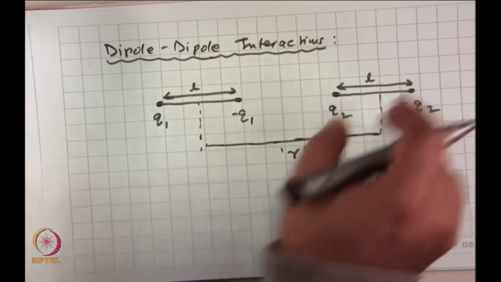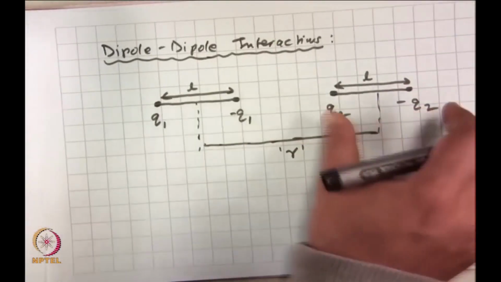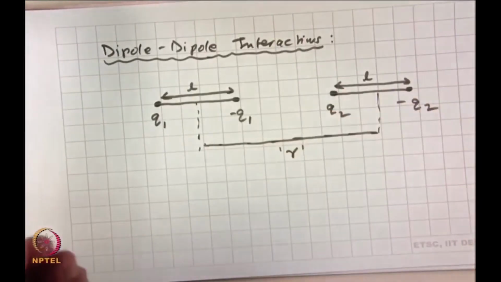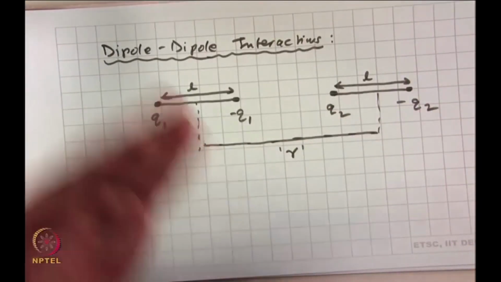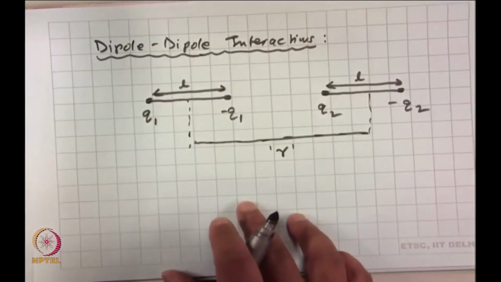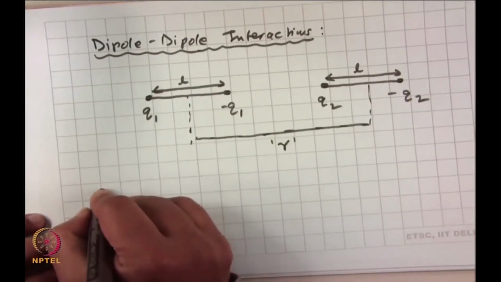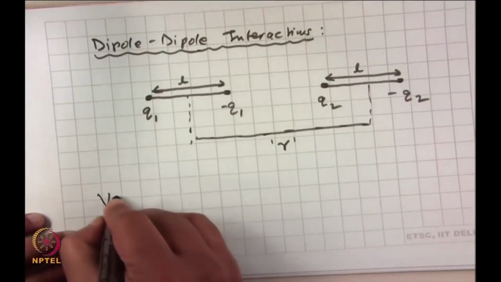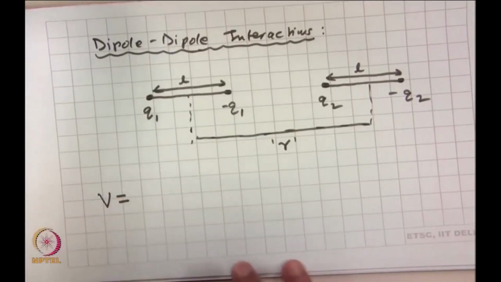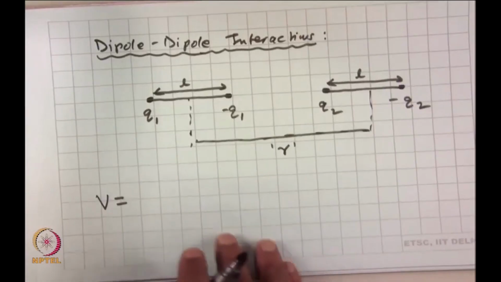The difference being, in the previous case we had only q2, that means plus q2 and minus q2 had merged on the same point because it was a charge. Now we have separated them, giving rise to a dipole. Now this you have to tell me, if I am going to write V, which is the interaction energy or the interaction potential, how many terms am I going to get?